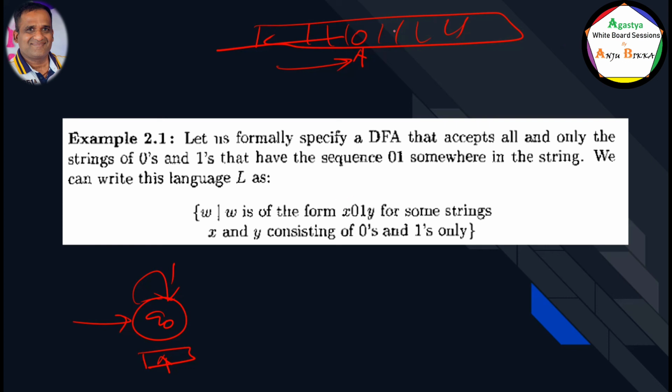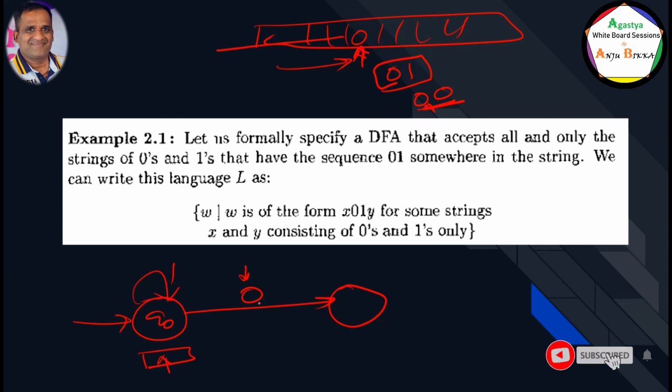Let's assume 1 comes, meaning this 0 belongs to the pattern 0, 1 we are looking for. If 0 is followed by 0, this is not the 0 we are looking for, because this does not become the pattern. Until we move further, we have no idea whether this 0 belongs to the pattern or not. Based on the coming symbol only, we can decide whether the previous symbol belongs to the pattern or not.